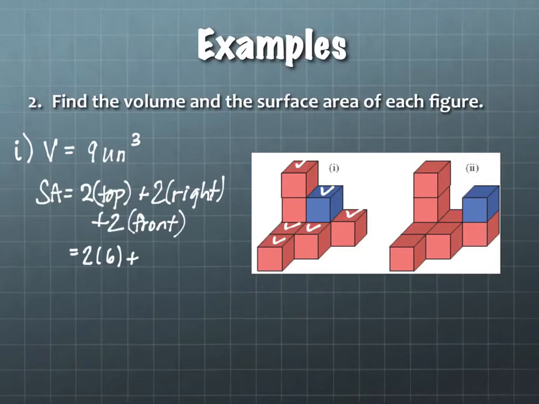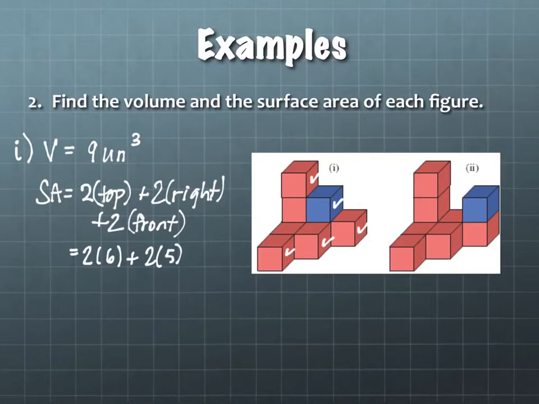How about from the right-hand side? Yeah, I agree. So we've got 1, 2, 3, 4, and 5. Can you imagine turning the object and would you see all those 5? So 2 times 5.